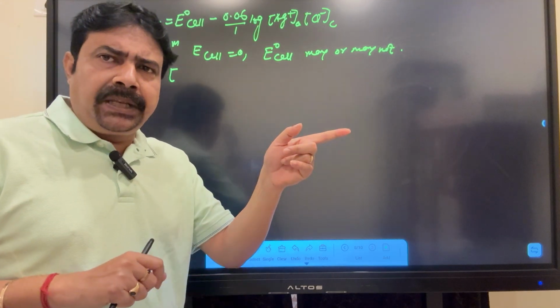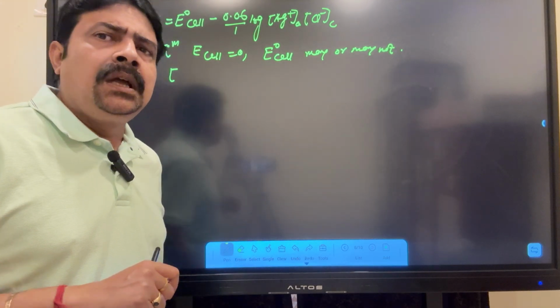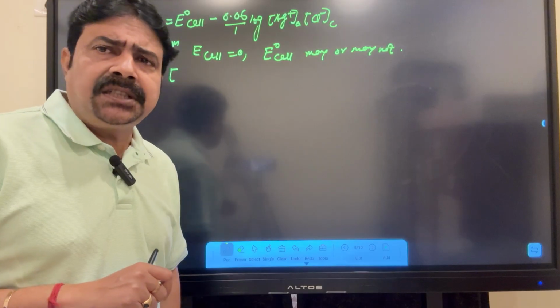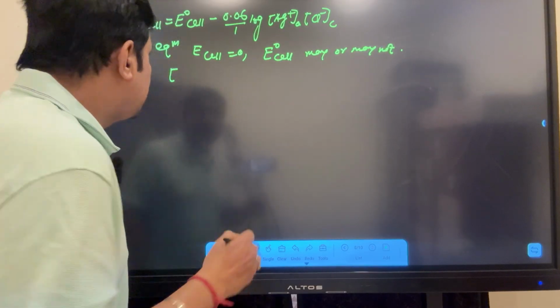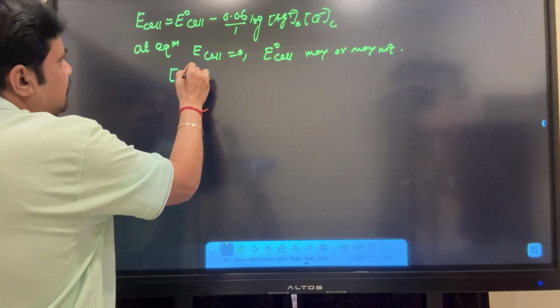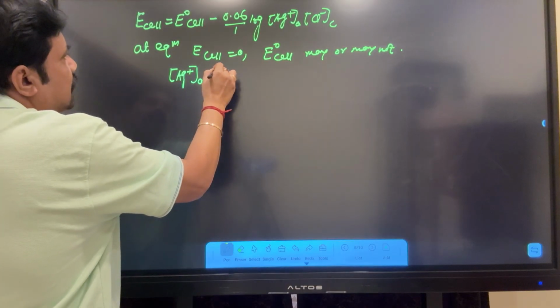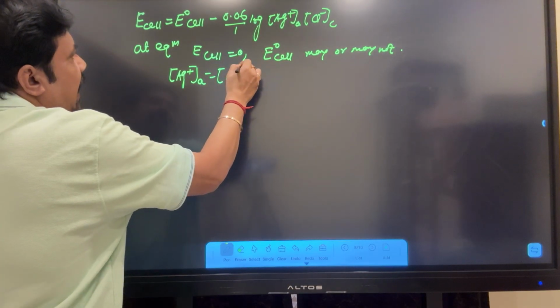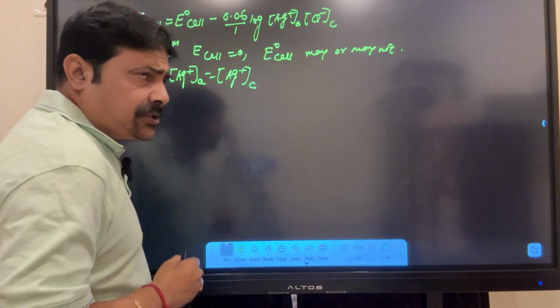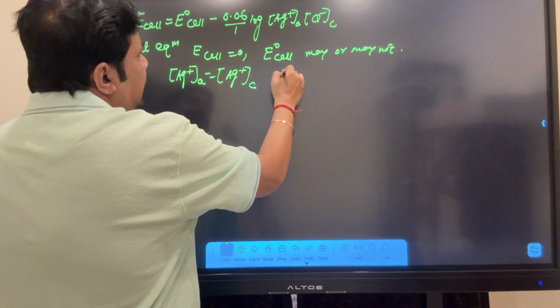So now at equilibrium, the silver ion concentration at the anode as well as the silver ion concentration at the cathode will be equal. So we can write silver ion concentration at anode equals silver ion concentration at cathode, then only the reaction will stop, no concentration gradient, at equilibrium.